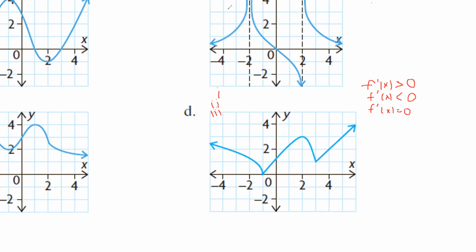Okay, so it's increasing from -1 to 2, and 3 till infinity. It's the square bracket for 3.